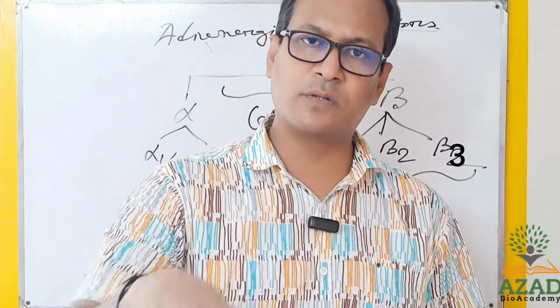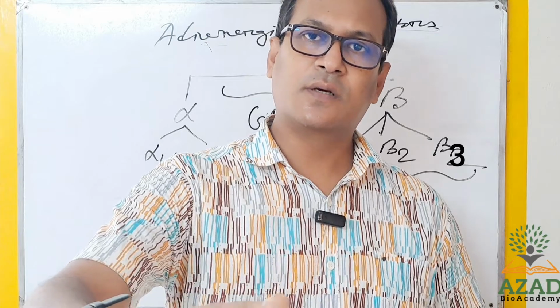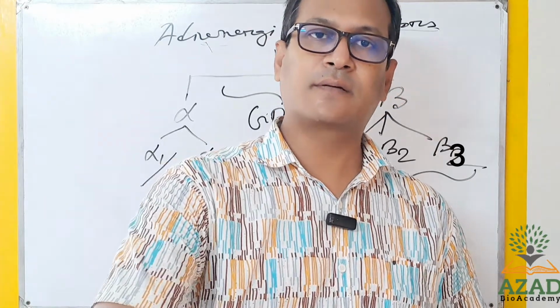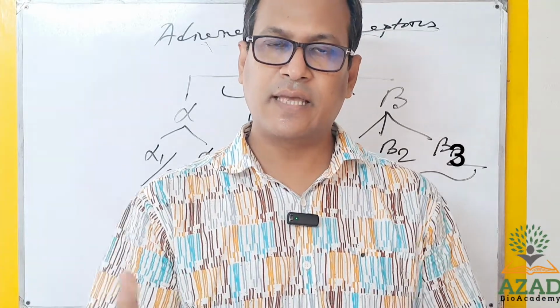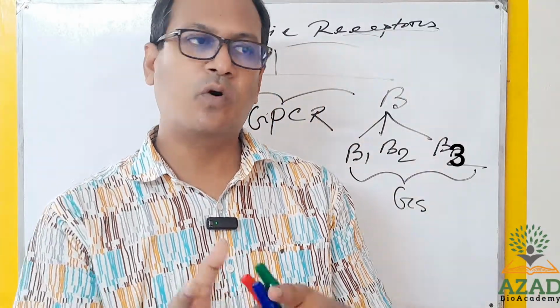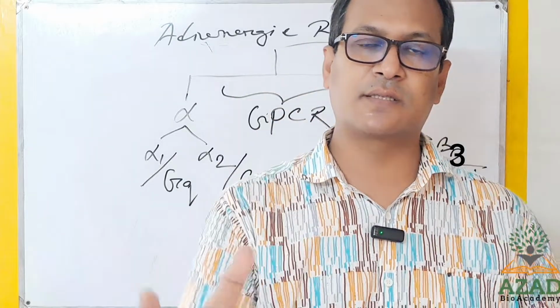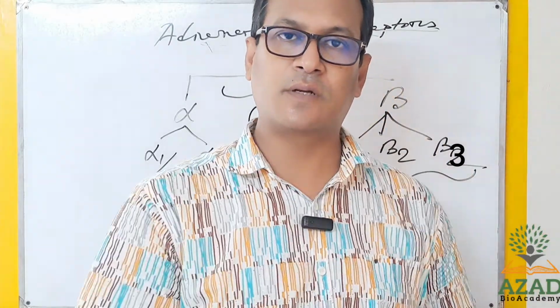All over the body, blood circulation will be made very limited by some specific mechanism, and then it will manage more blood flow to the skeletal muscle, your heart, and your lungs.